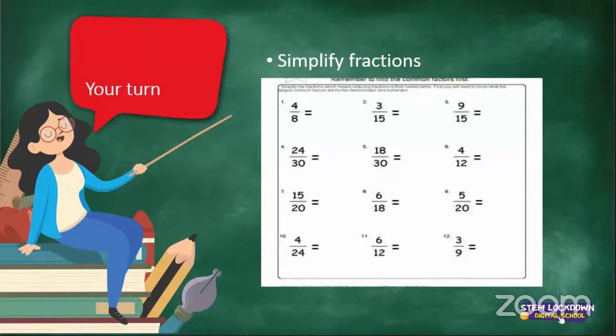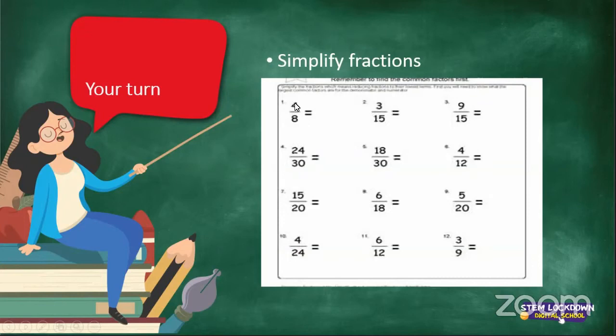So for the first one, 4 over 8, we'll divide by 2, because you see that 2 can be a divisor for both 4 and 8.